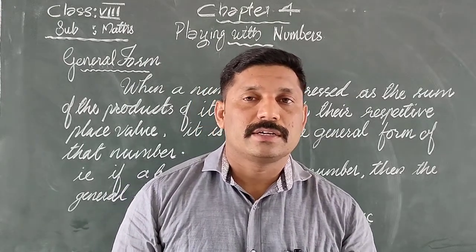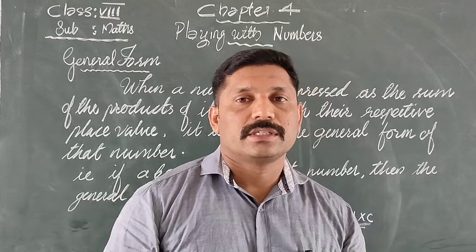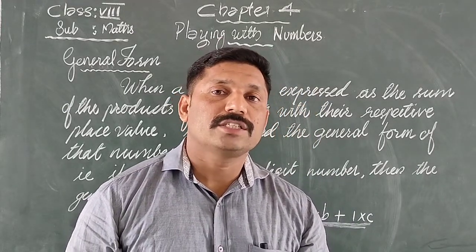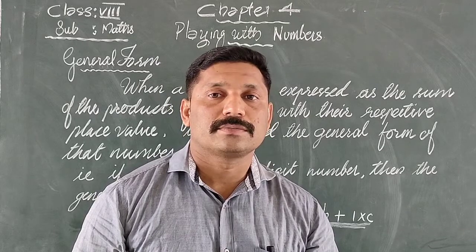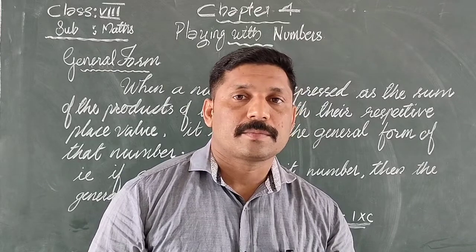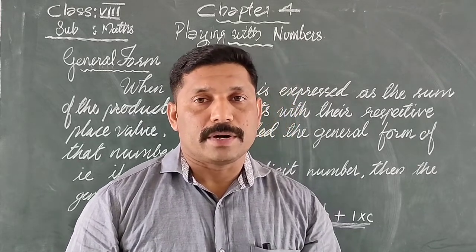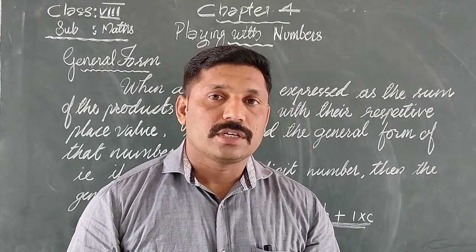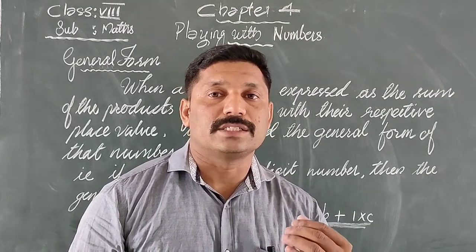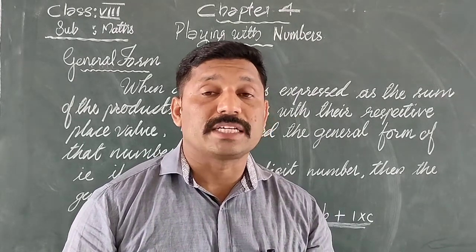The first point in this chapter is the generalized form of a number. What is the generalized form of numbers? Generalized form of numbers means a number is expressed as the sum of the product of its digits with their respective place values.